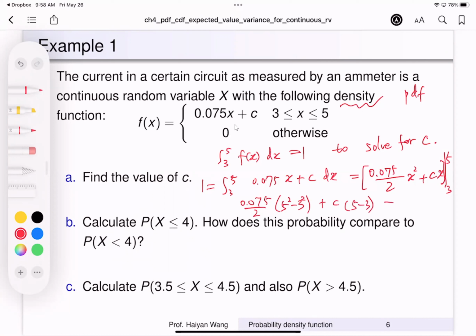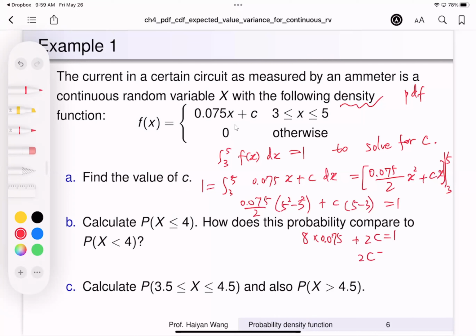And this is supposed to equal 1. When we solve for that again, 25 minus 9, that's the 4. 4 squared, 16, 16 over 2 is 8. So 8 times 0.075, and then plus the 2c equals 1.